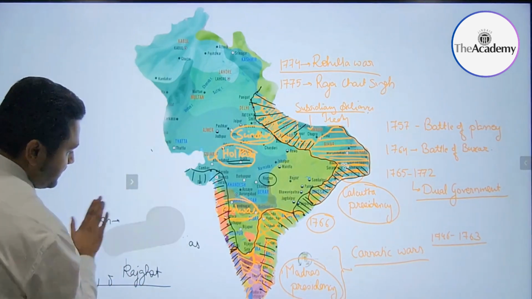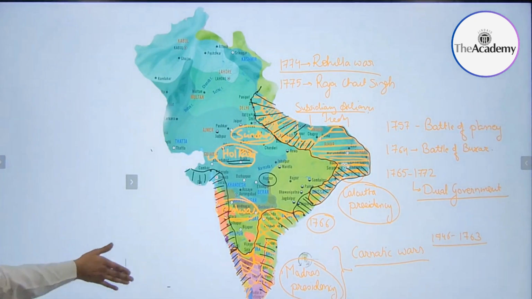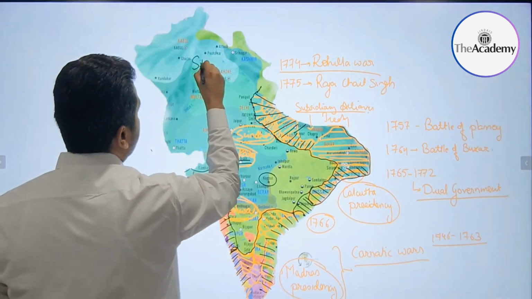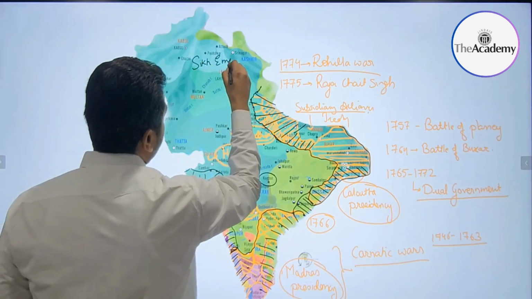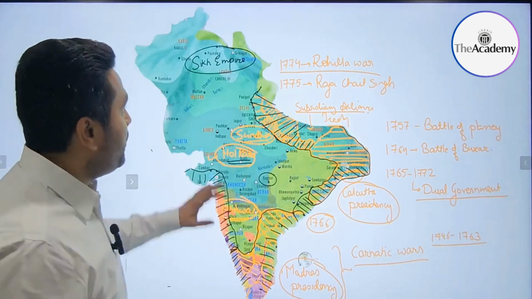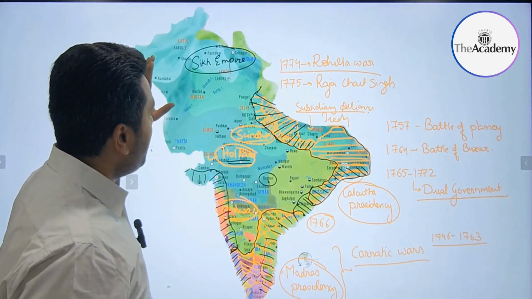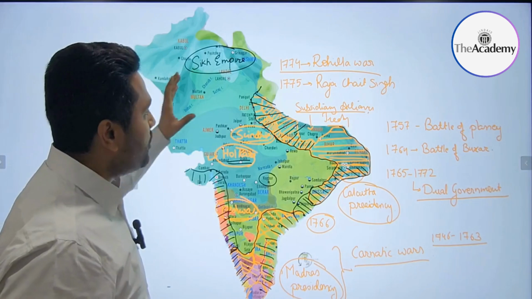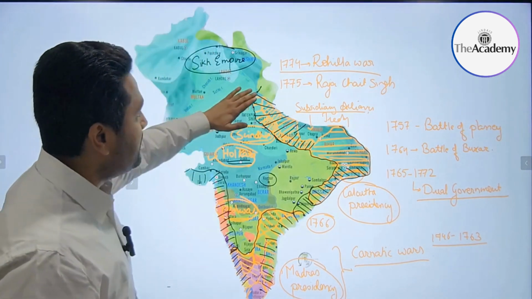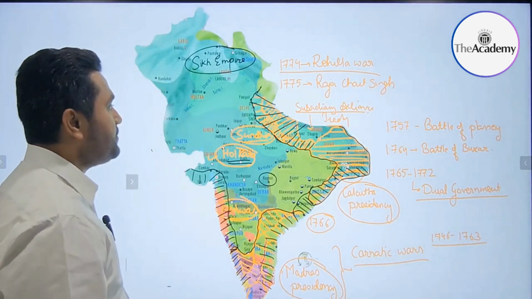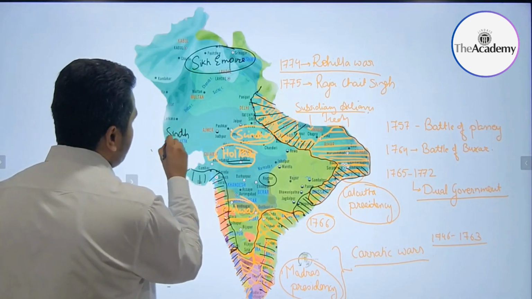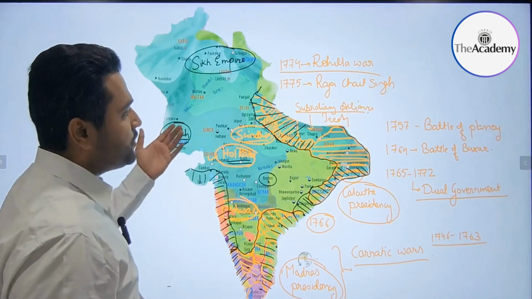Now, what had happened is, in the northwest region, there would be the powerful Sikh Empire, where Maharaja Ranjit Singh would be establishing a modernized armed forces, and he would act as a buffer between the Afghans as well as the British. In Sindh, there were the Charyars who ruled. It was a separate authority altogether.